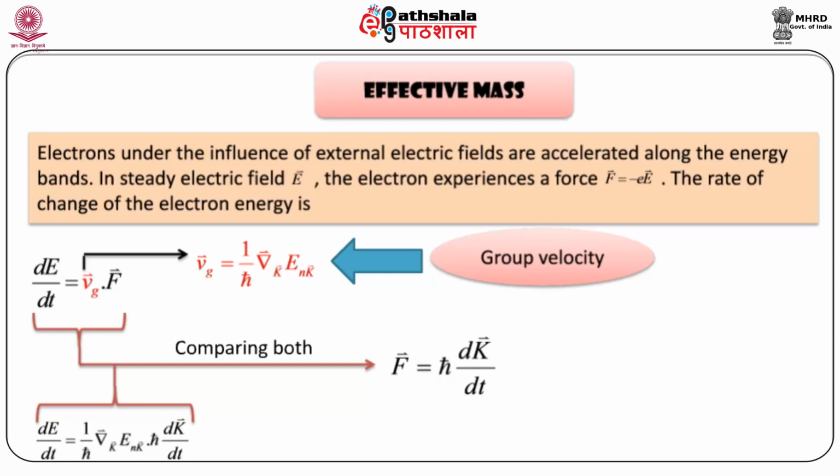Also we have dE/dt equal to 1/h-bar times the gradient of E dot h-bar dk/dt. Now making an analysis of the previous equations that we have derived, the force then is written as h-bar dk/dt.